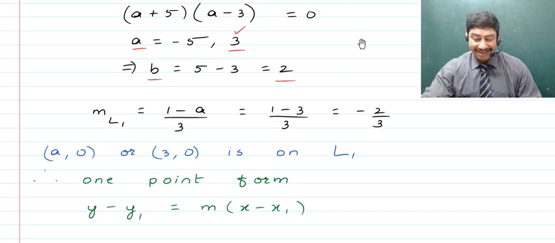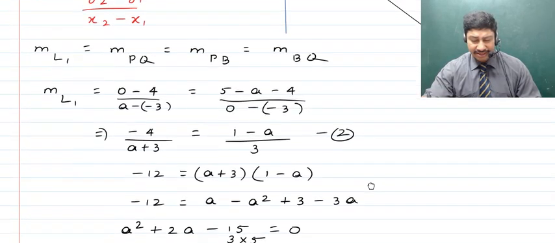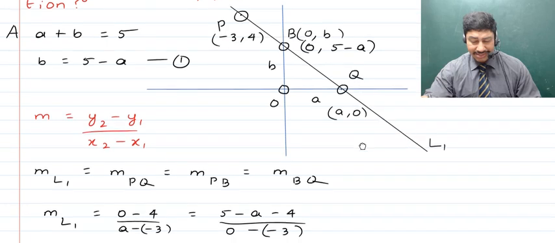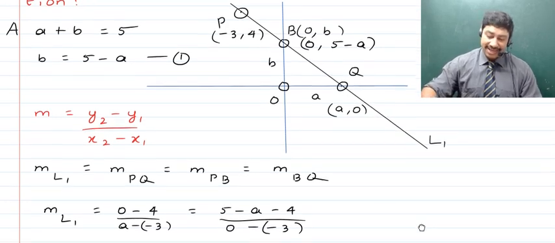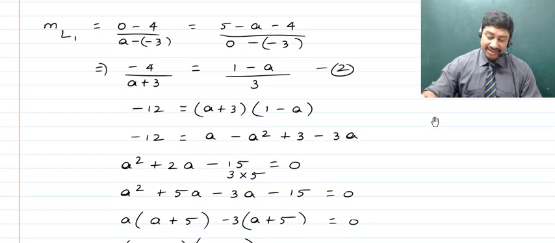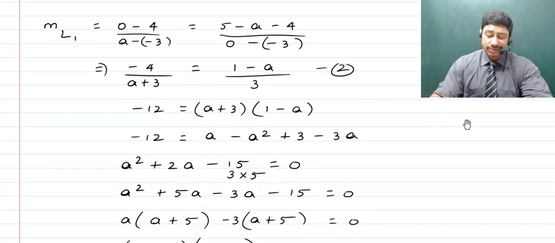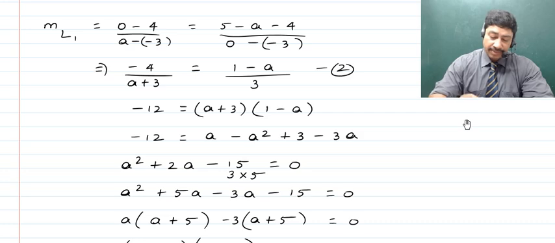Now we have many points on this line. Either we can consider the point P, which was given to us, or we can consider a simpler point. We can consider either a comma 0 or 0 comma b. There we will get a 0, so that will make things simpler.